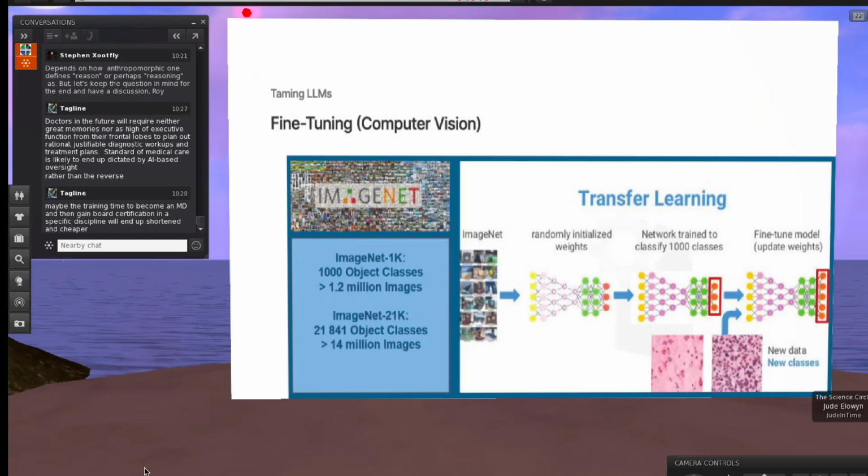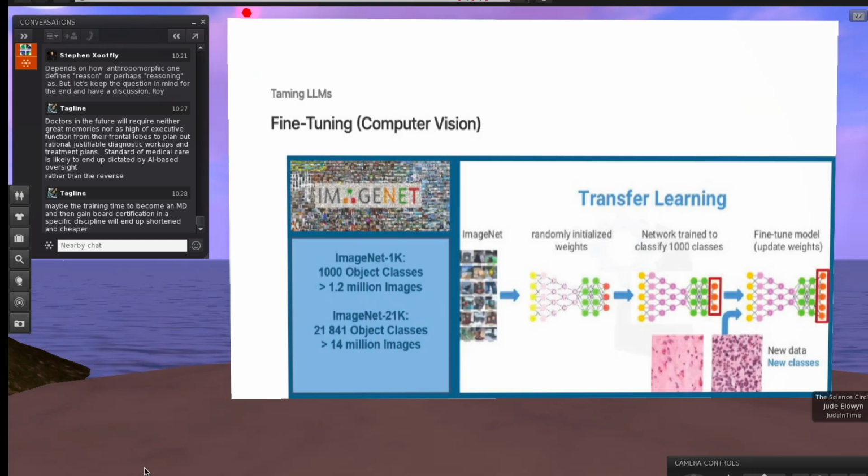Fine-tuning is not a new concept, of course. It's something that's been introduced for a very long time. In computer vision tasks, for example, and I presented this a while back at the Science Circle, if you have a model that's trained on a large amount of natural images, say, birds and insects, buildings and cars, things that you can get off the internet quite easily, millions of images, you could train a very, very large model.